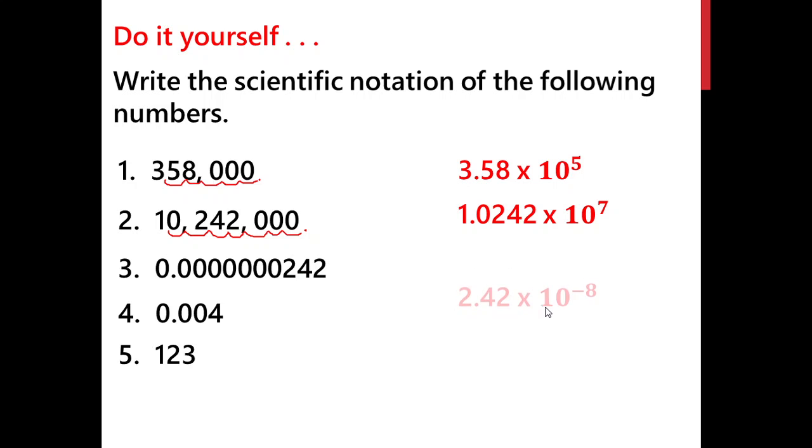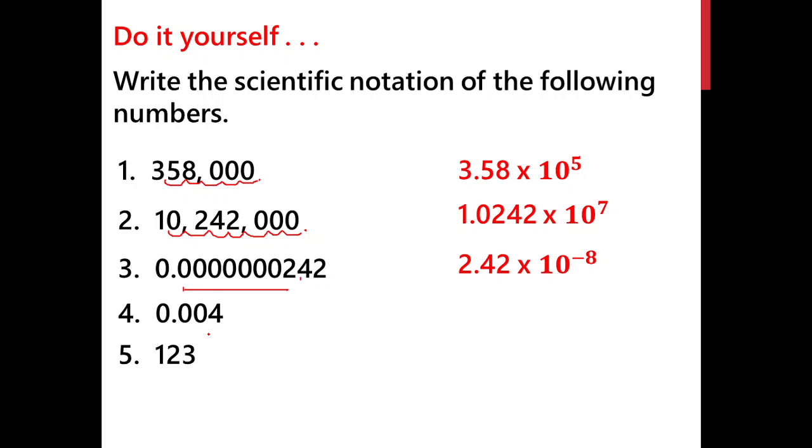So the answer for this one is 2.42, and then let's count our decimal from here going here. So basically, we're just counting the number of digits from our decimal going to its original place. So that's 1, 2, 3, 4, 5, 6, 7, 8. Now, since we are counting going to the left, 8 is a negative exponent.